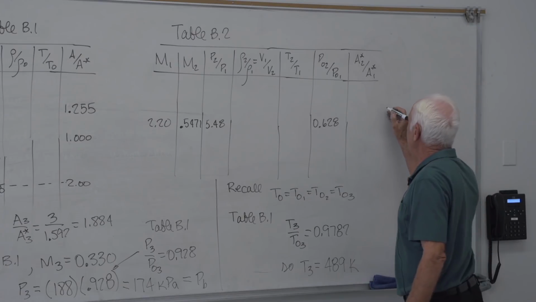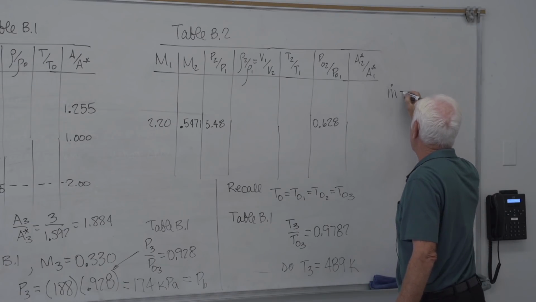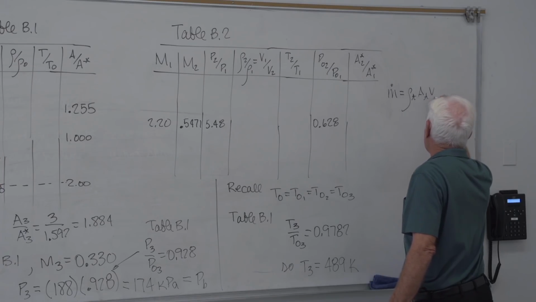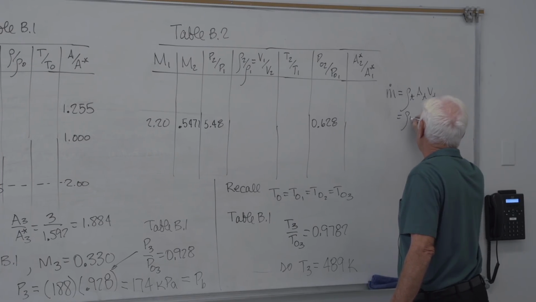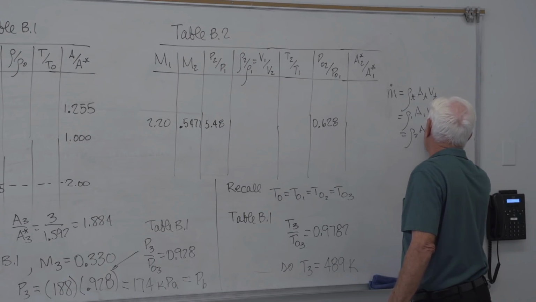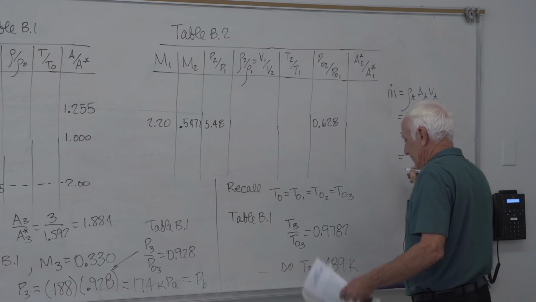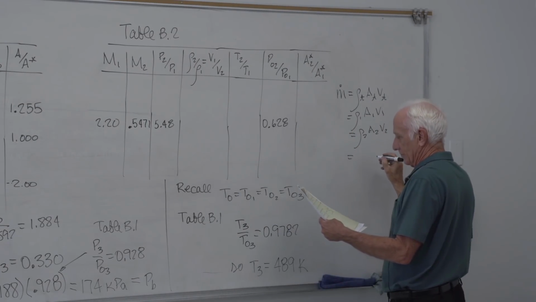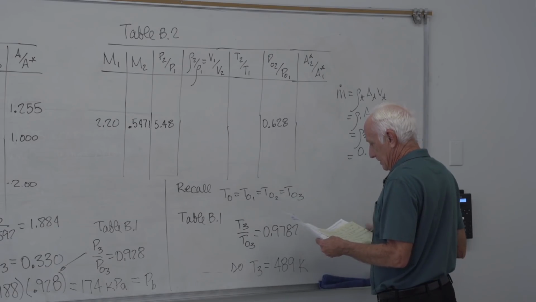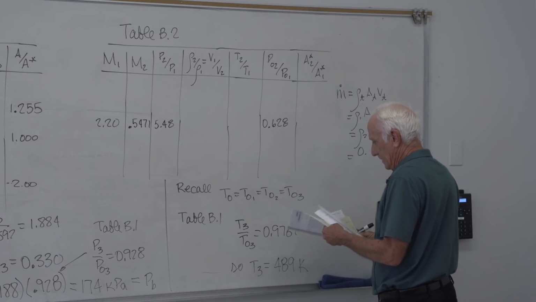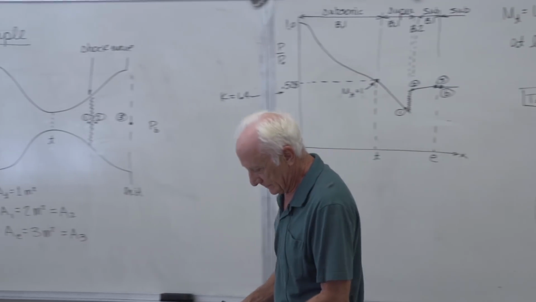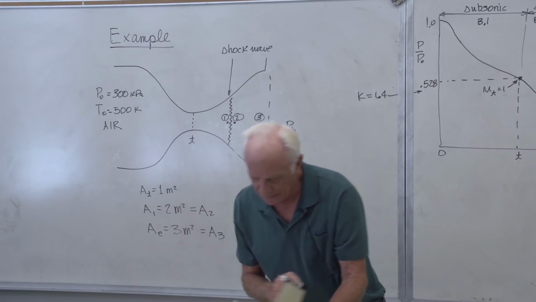If I want to find the mass flow rate, I can do this, or this, or this. That was our equation in there, and I think that was for the maximum mass flow rate. Yeah, it's here.